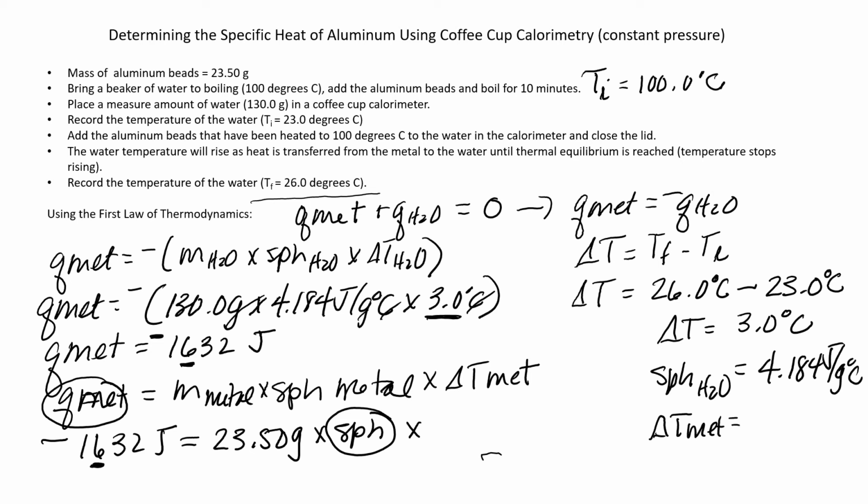Delta T of the metal is going to be negative. So T final for the metal is 26 degrees, and T initial for that metal is 100 degrees. So our delta T for the metal is a negative 74.0 degrees Celsius.